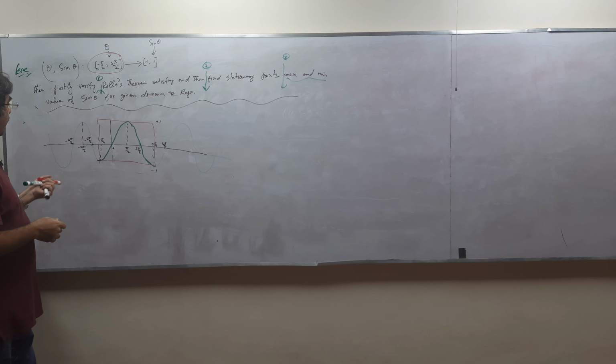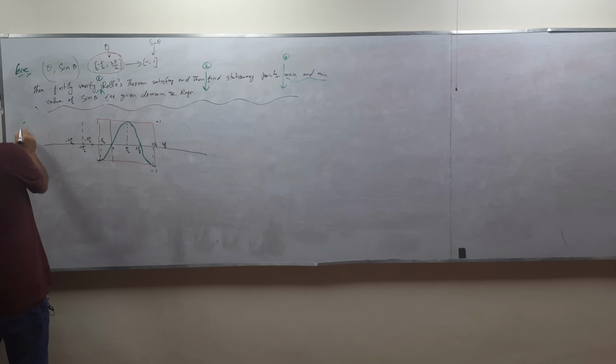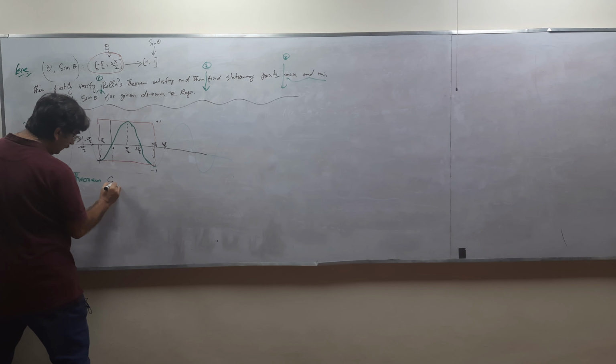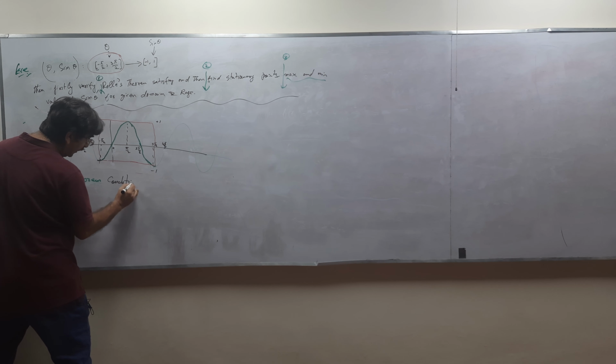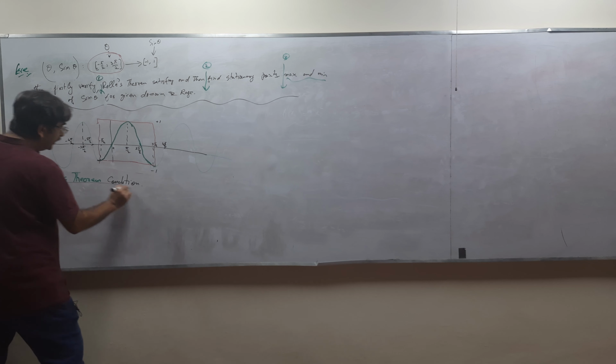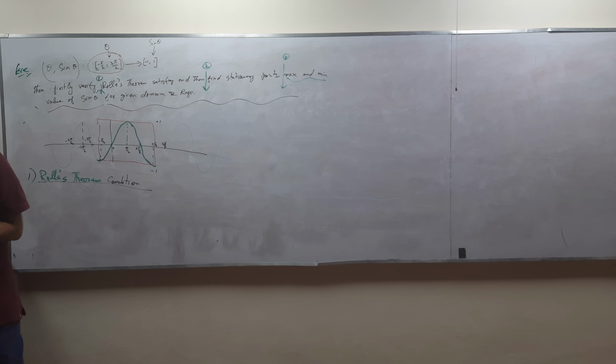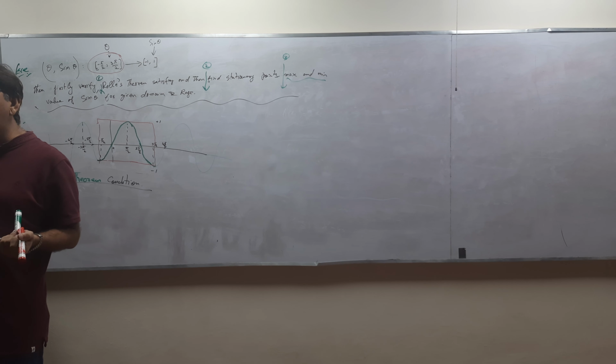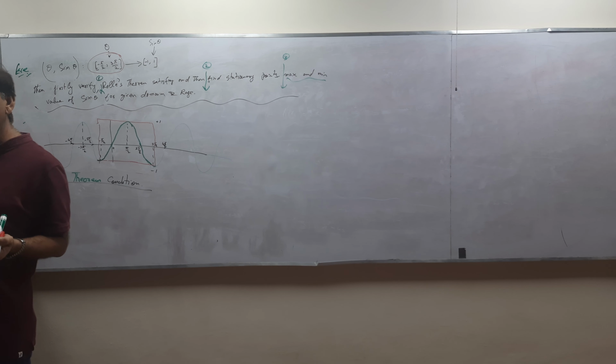Firstly, we have to apply the Rolle theorem. What is the Rolle theorem condition? The Rolle theorem condition is that the function values at the initial and final points of the domain will be the same.